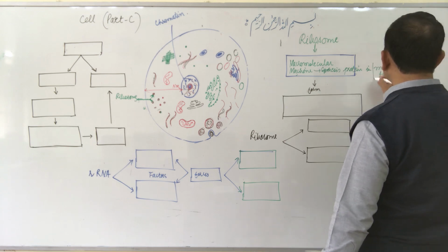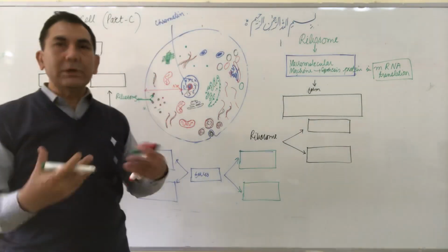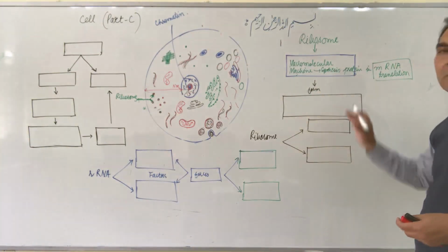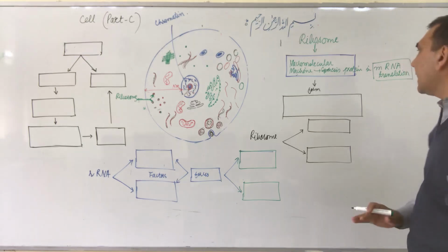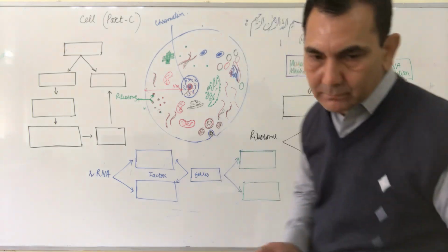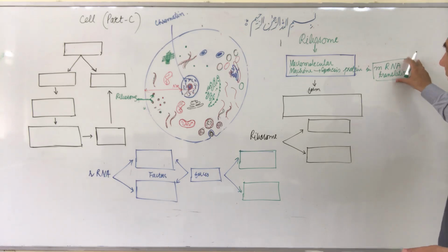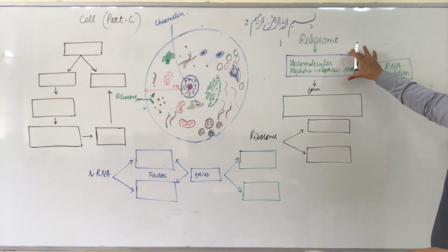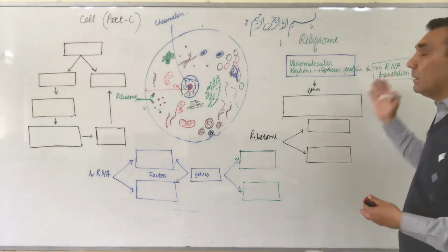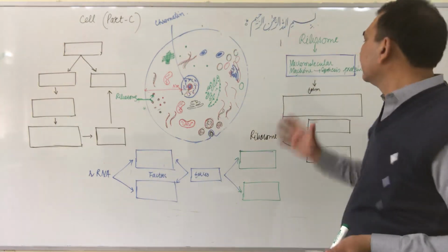Ribosomes are macromolecular particles present inside the cytoplasm. The function of this macromolecular machine is to synthesize protein through messenger RNA translation. How does it do this?